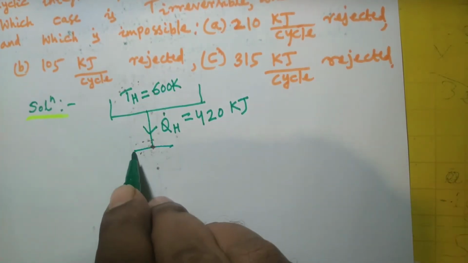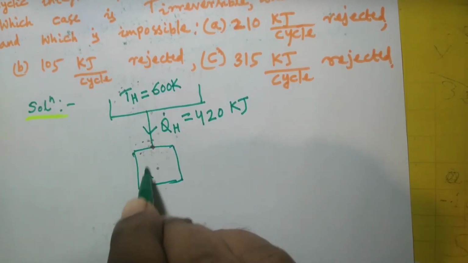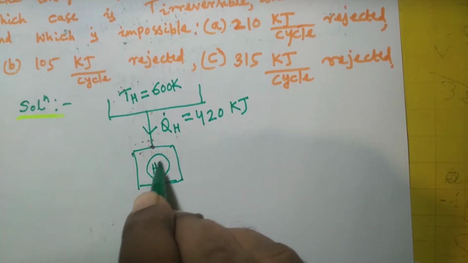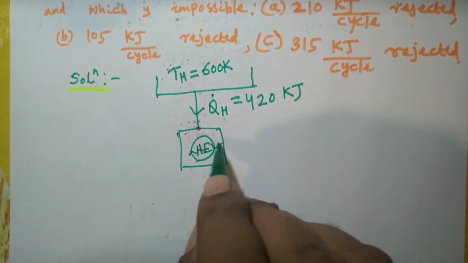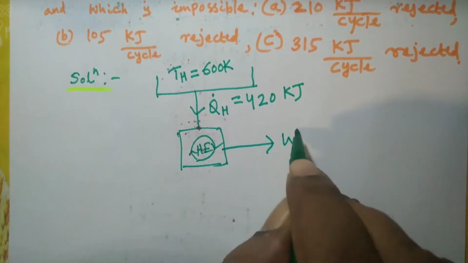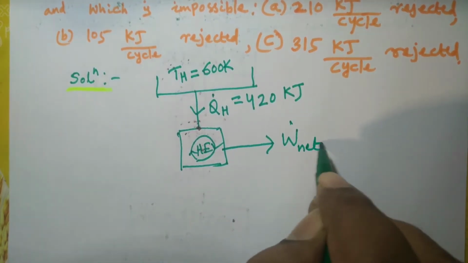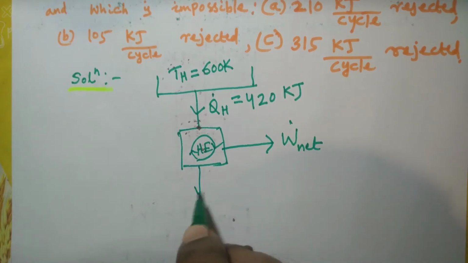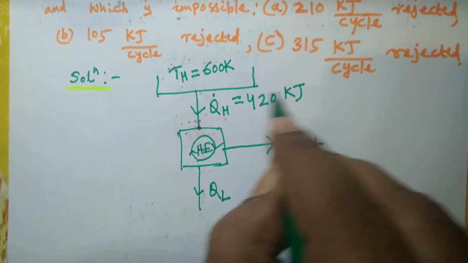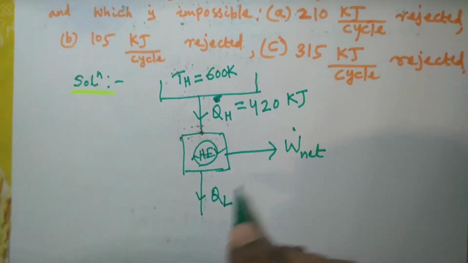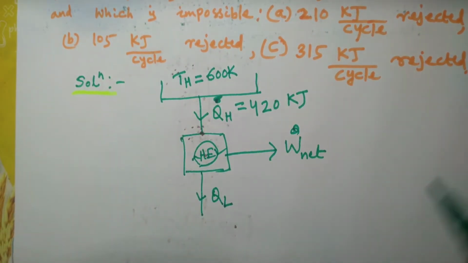This is going to a heat engine, and this is the work output, and this is the heat rejected. This is in terms of energy, so this is Q_H and this is W net, no dot is required. This is not given in terms of power, it is given in terms of energy.